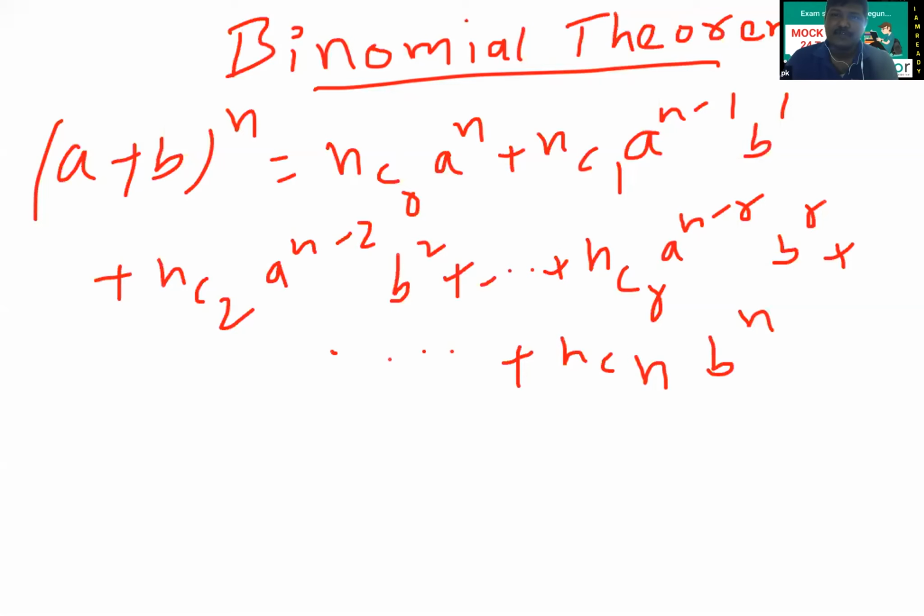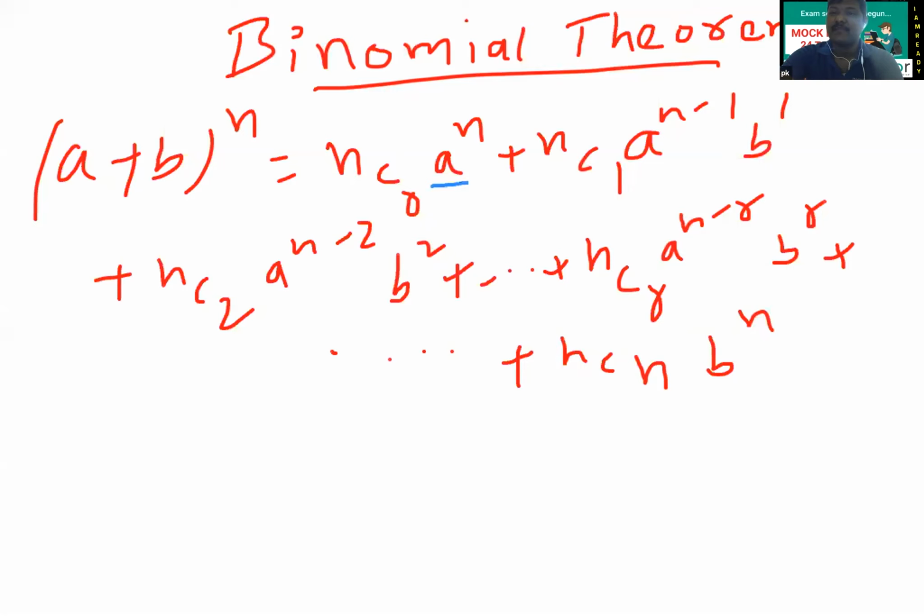Binomial means two terms. Bi means two, no? So two terms are there. A and B are two terms, (A + B)^n. If you observe this particular formula, my dear students, NC0 in combinations, we know how to find NC0, NC1, NC2 like that. And power of A is decreasing.